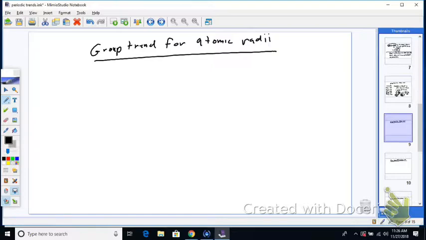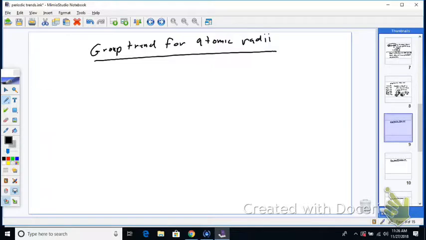One of them is atomic radius, and it's measured in angstroms. An angstrom is 10 to the minus 10th meters. It's kind of like a nanometer, but 1/10 the size of a nanometer. So there's 10 angstroms in a nanometer. It just gives you radii size in angstroms.